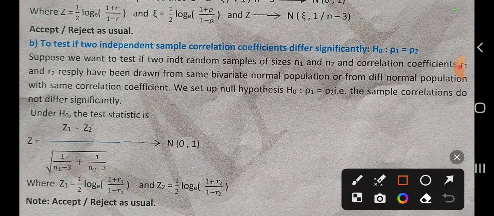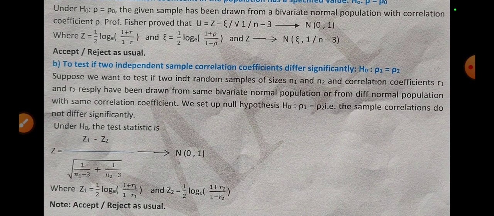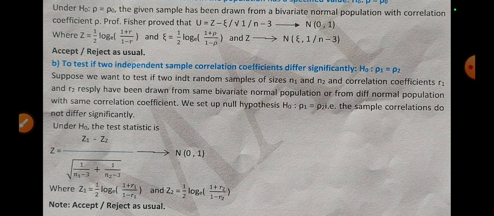Again, we need to calculate this value, the calculated Z, and check it against the table value of Z. If the calculated value is less than the table value, we accept the null hypothesis. Otherwise, we reject the null hypothesis.